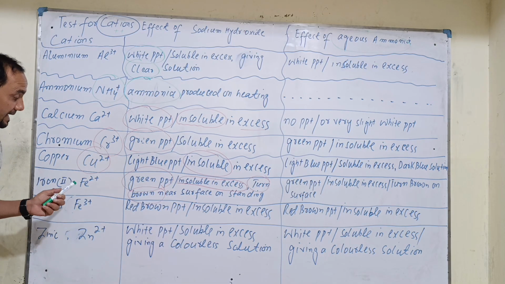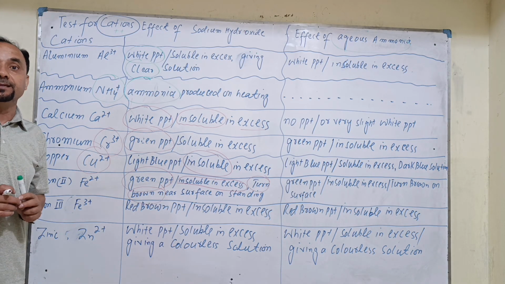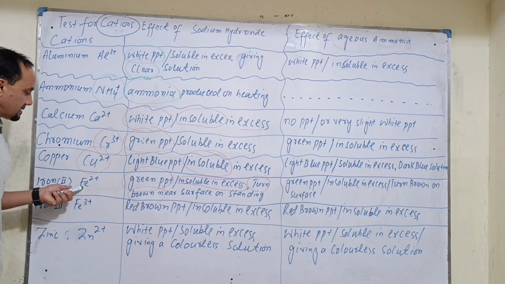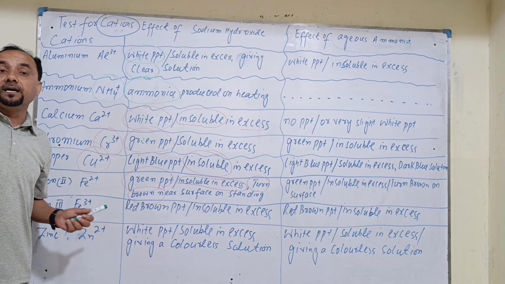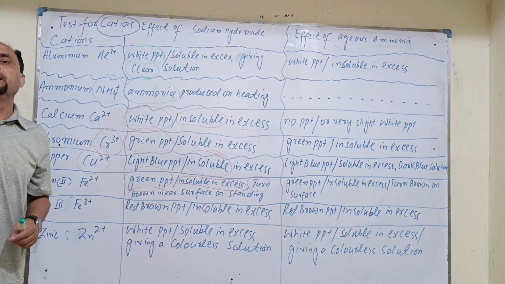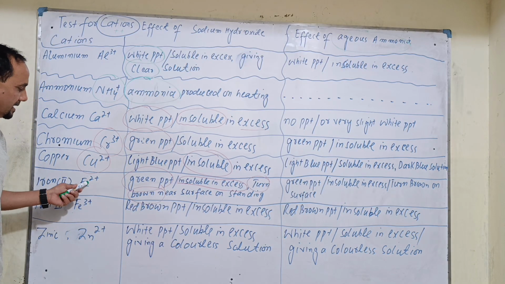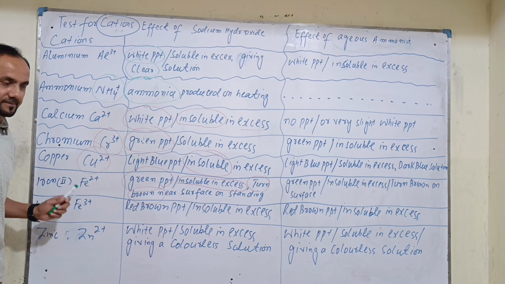So any salt containing Fe2+ is placed in a closed container in the lab. If those salts containing Fe2+ are kept open, they will react with the oxygen present in the atmosphere, and these Fe2+ ions will change into Fe3+.